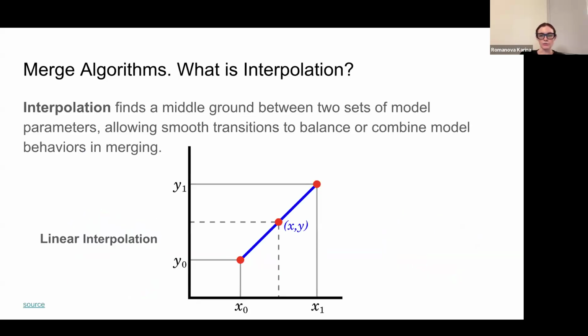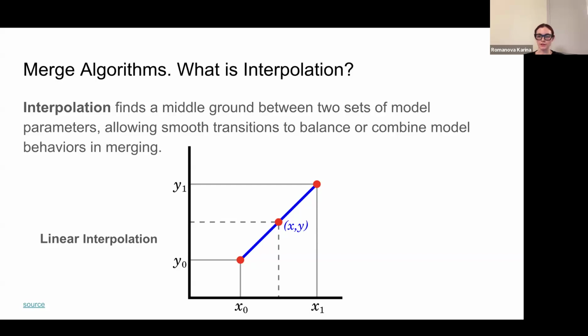So, interpolation. In the context of merge algorithms, interpolation refers to the process of combining the parameters or outputs of two models to create a new model that embodies characteristics of both. This technique is used to blend models in a controlled manner.